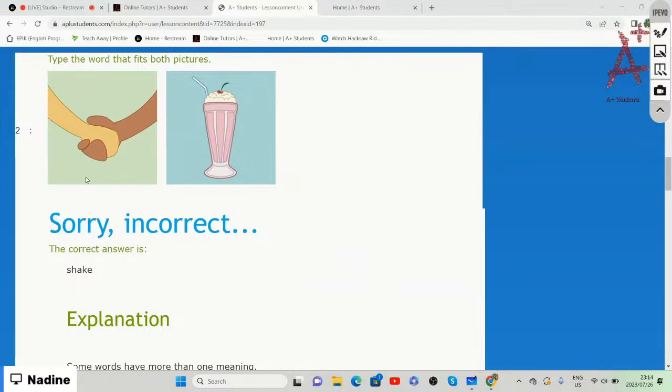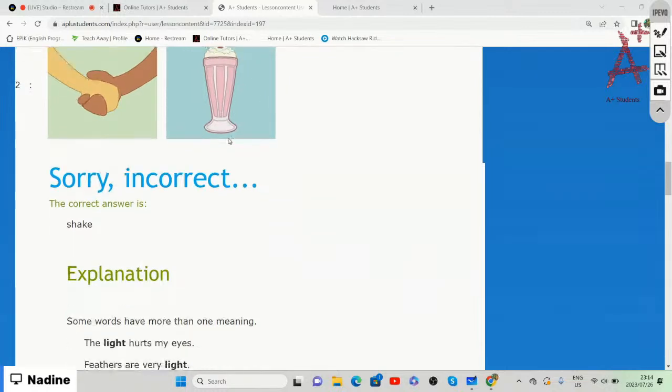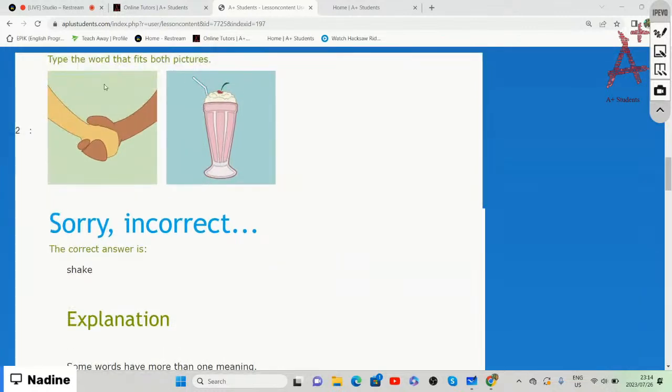Because that is shake, as in shake hands, and this is also a shake, a milkshake. So these are two different meanings, shown by the two different pictures.